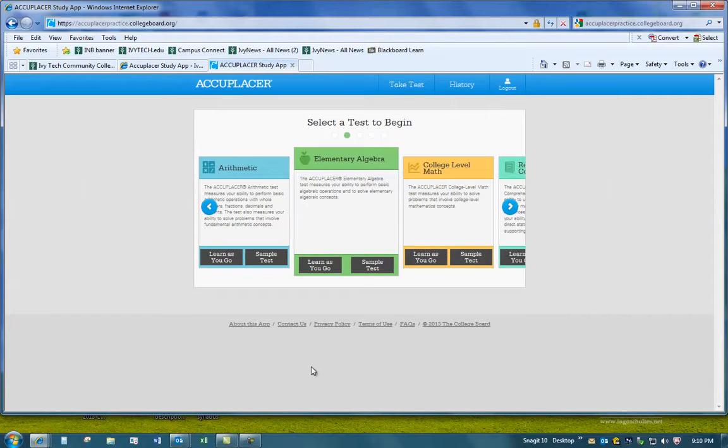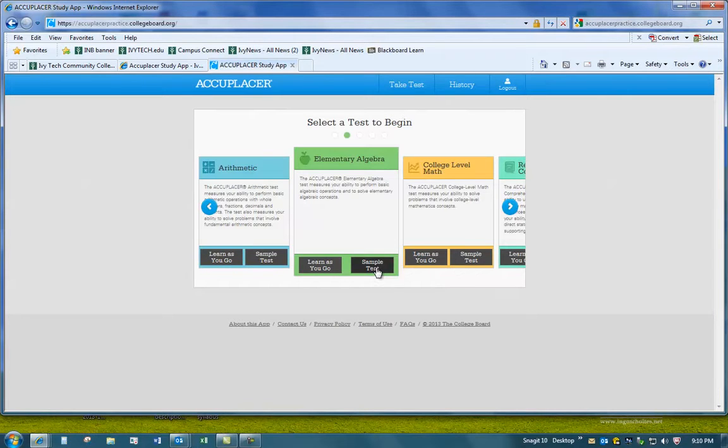In this test, I want to go through the different tests and tell you a little bit about them. Elementary algebra is the most important one for the math test because that's where all of the math tests start. I recommend you start in Learn As You Go mode, and then after you've gone through it once, take your sample test until you have mastered that part.